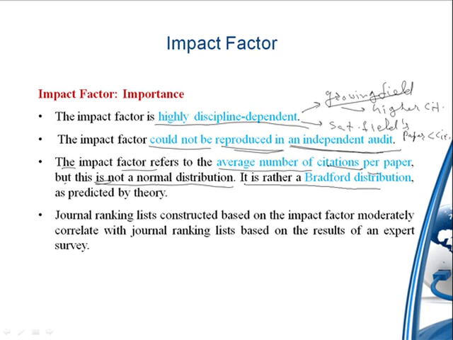This is rather a Bradford distribution as predicted by theory. Journal ranking lists constructed based on the impact factor moderately correlate with journal ranking lists based on the results of expert surveys.